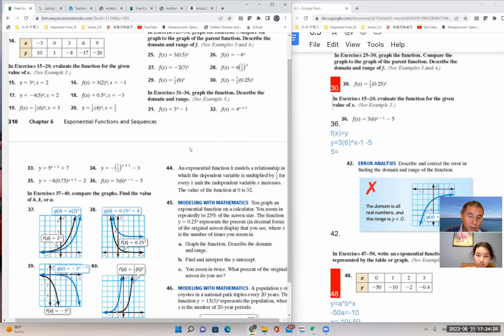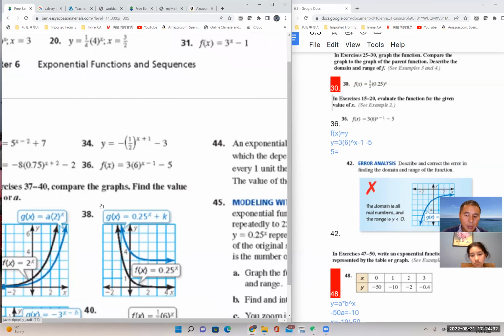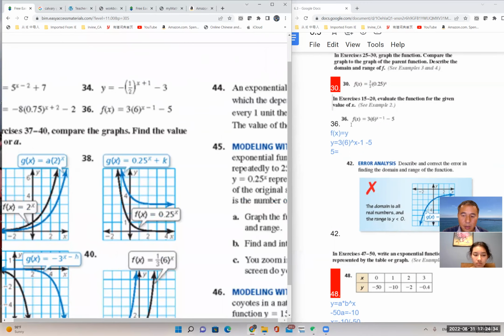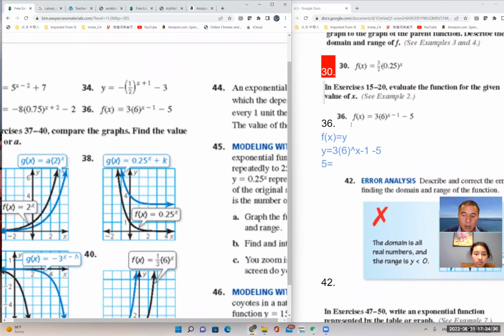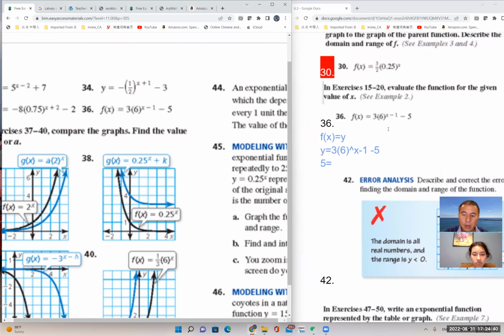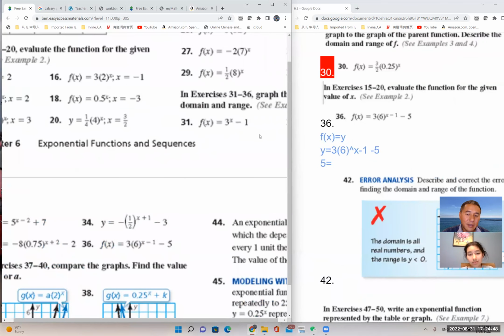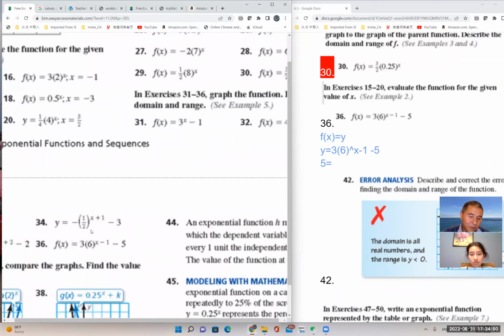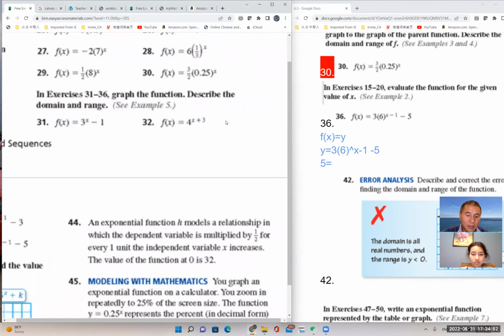Again, graph, then find the domain and range. What's this mean? I got lost, I think. Yeah, so the requirement for 36 is here.